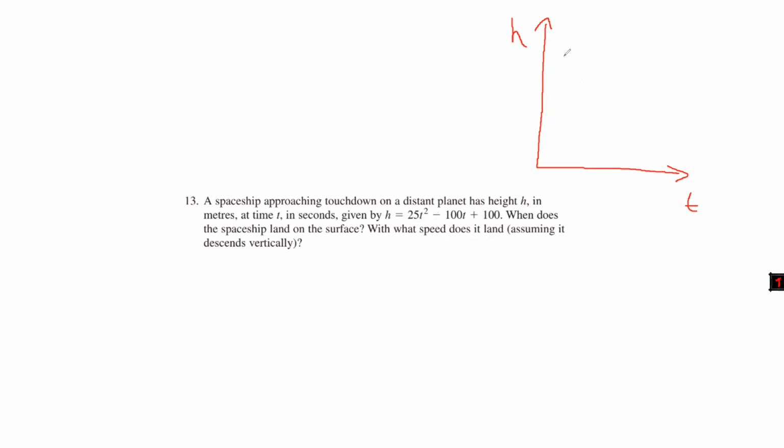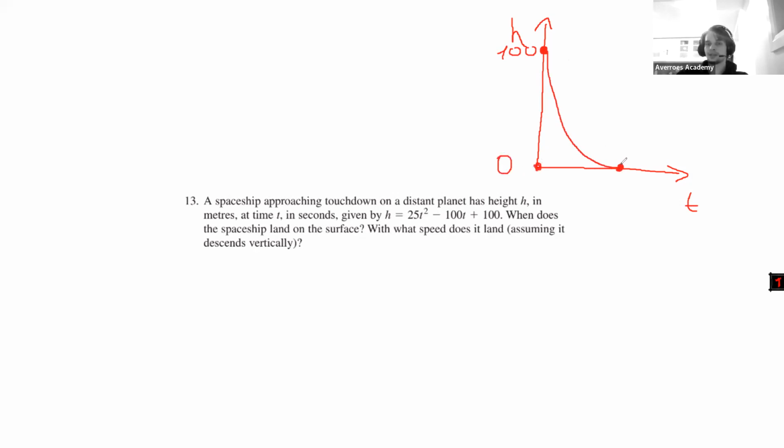So we know that h is going to decrease with t growing. When t is equal to 0, the initial moment of time, h is equal to 100, right? Then it's going to decrease like this, and it's going to reach 0 somewhere, right?